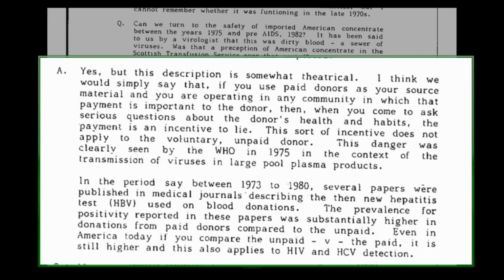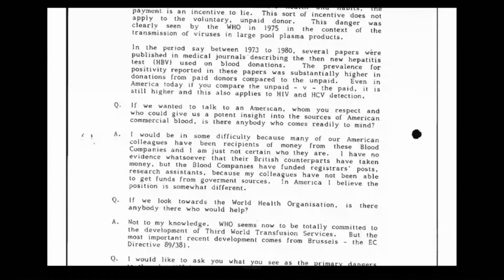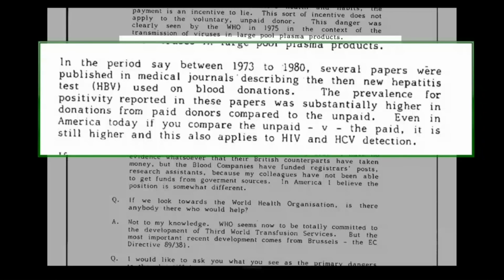This danger was clearly seen by the World Health Organization in 1975 in the context of the transmission of viruses in large pool plasma products. Then he talks about hepatitis in the next paragraph, concluding with this observation: even in America today, if you compare the unpaid versus the paid, it is still higher, and this also applies to HIV and HCV detection.